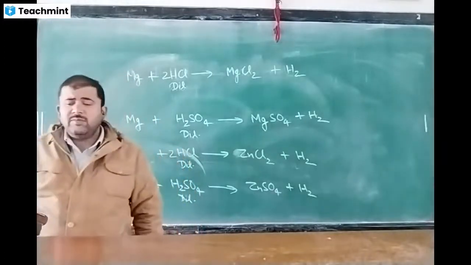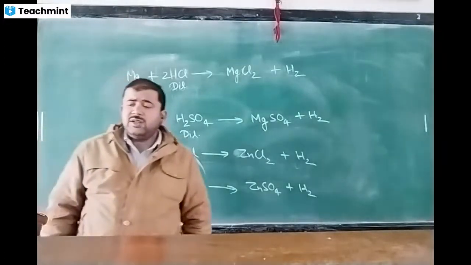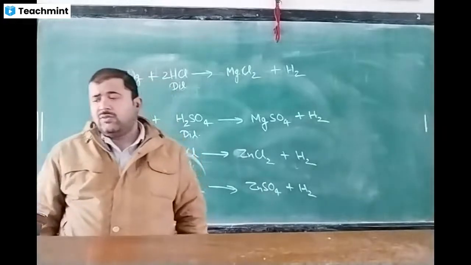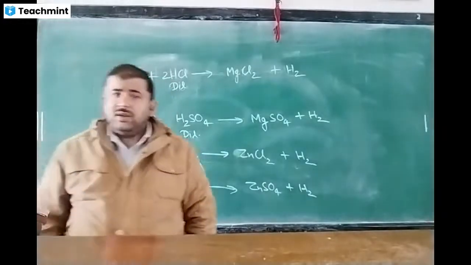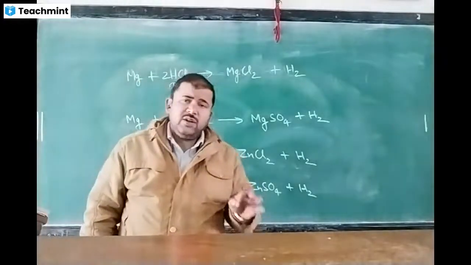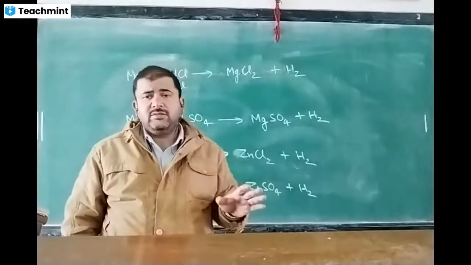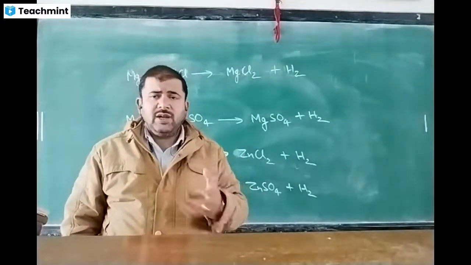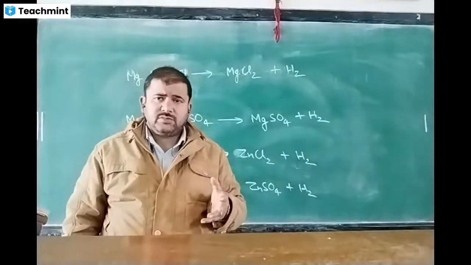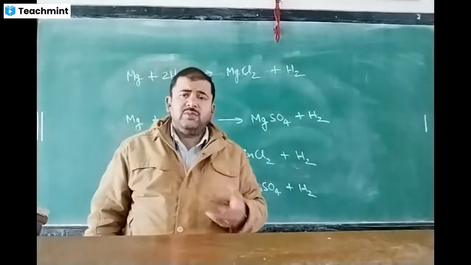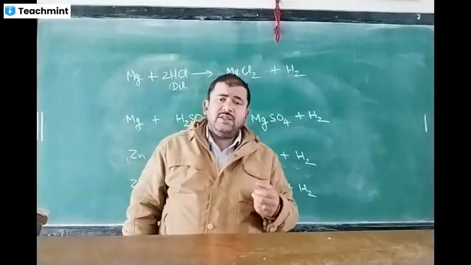Here one heading is given: nitric acid is not used in the preparation of hydrogen from metals. So here we only take dilute HCl or H2SO4. Do not take nitric acid, HNO3, for the preparation of hydrogen with metals. What is the reason for this?